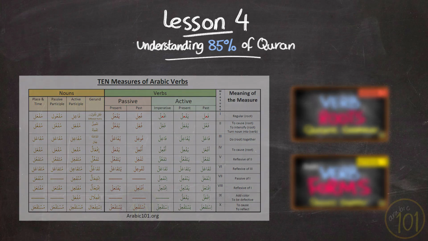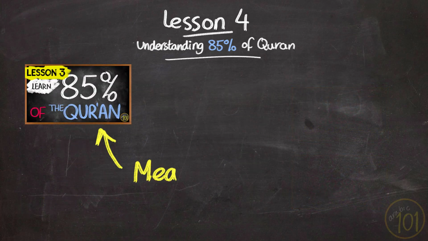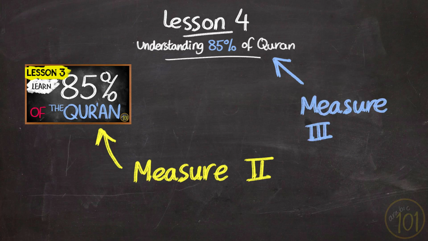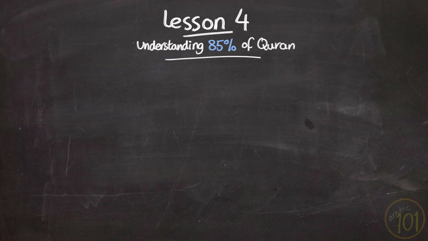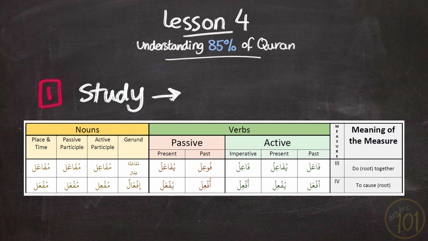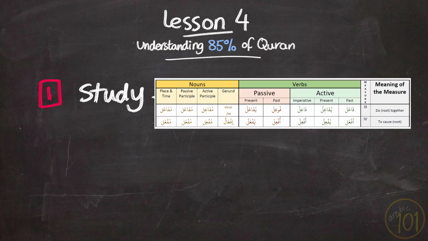Last time we started with the verbs belonging to measure number 2, and today we will go through the verbs of measure number 3 and 4. Naturally, and as I said last time, it is very crucial that you first study all the patterns of forms 3 and 4, if you can, and if not, then study the most important 5 patterns as we explained in Lesson 11 of the Quranic Grammar series.